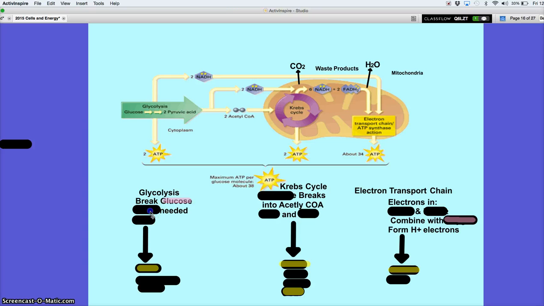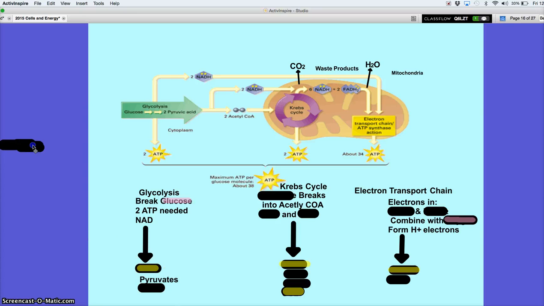Good. How many? Two. So 2 ATPs come and attach themselves to the glucose and they crack it in half. What else comes into glycolysis? NAD. Good. Now, when glucose splits, it's a 6-carbon sugar. It turns into a 3-carbon sugar called pyruvate.